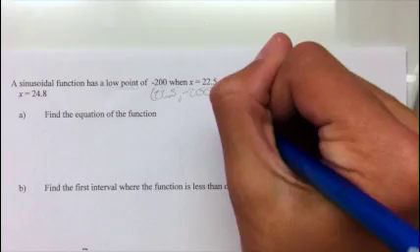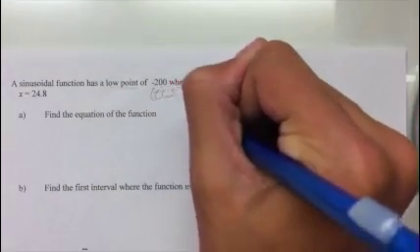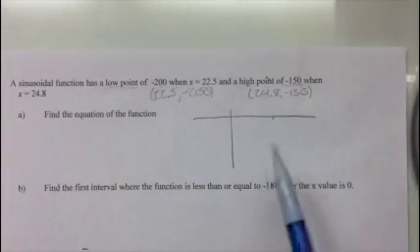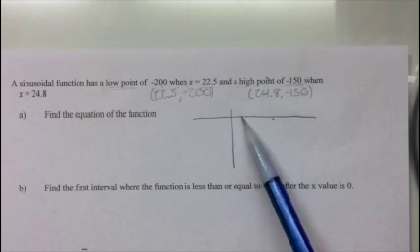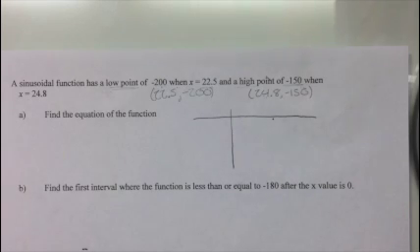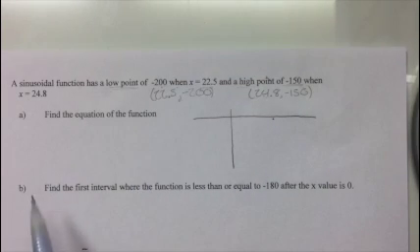We draw our axes. We have our y and our x axes. Notice how the x-axis is higher compared to the y than it usually is, and that's because the high point is at negative 150. So we're going to have no positive y values, and most of our graph is going to be below the x-axis.